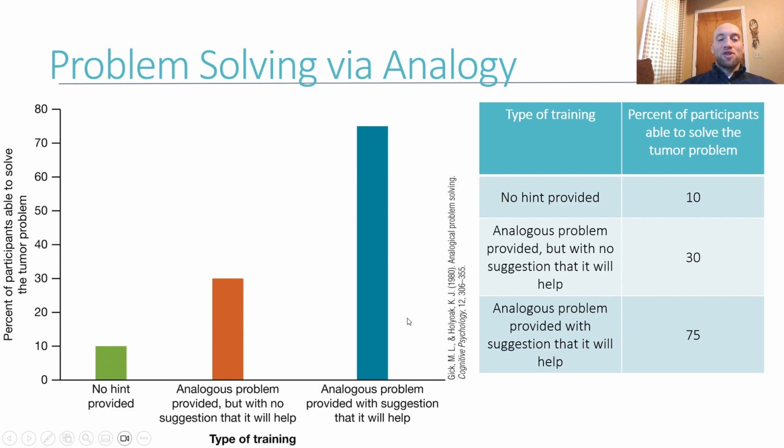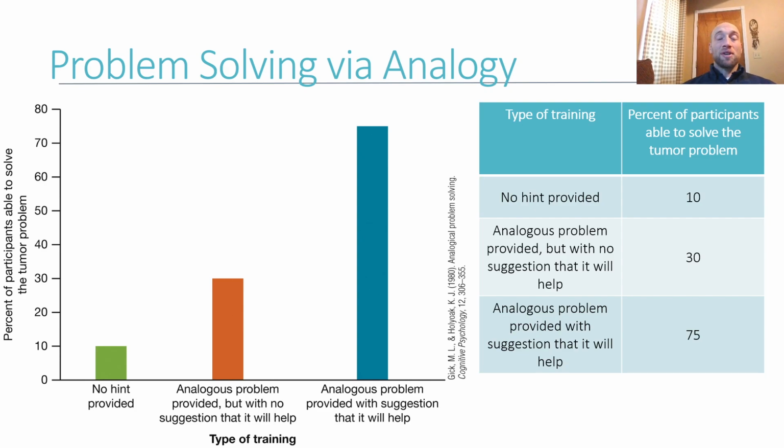Now, you can suggest that, hey, this might help you with the tumor problem. Think about it this way. What happens is that most people solve the tumor problem when you provide them with that story first and you tell them that it might be useful in the future.